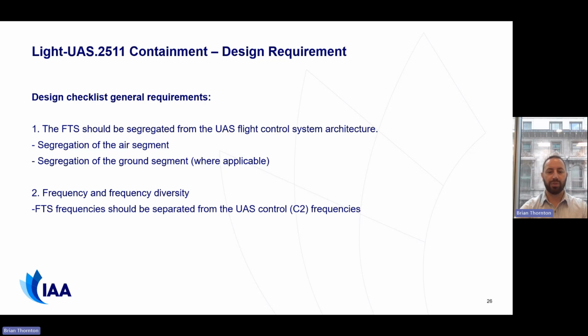So FTS frequencies should be separated from the UAS control frequency, your command and control frequency for your UA. If you integrate a flight termination system, the frequency for command and control of the UA and the triggering of your flight termination system needs to be independent. So you've got a system and frequency architecture independency, where one system is not reliant on the other.